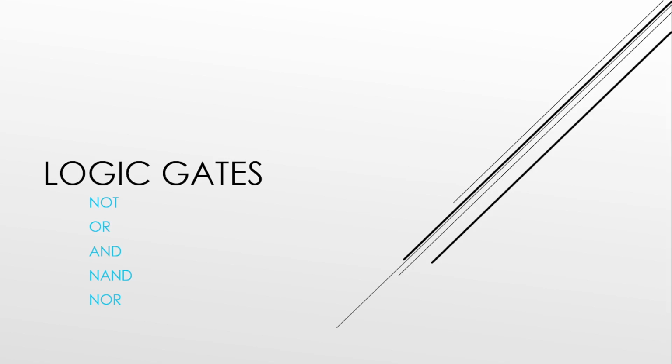So NOT, OR, AND, these are the 3 basic logic gates, and then the 2 universal gates, that is NAND gate and NOR gate. And after this we will see 2 special purpose gates, that is XOR gate and XNOR gate, exclusive OR and exclusive NOR gate.